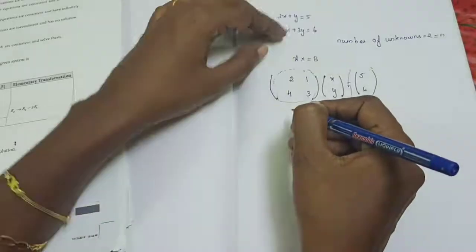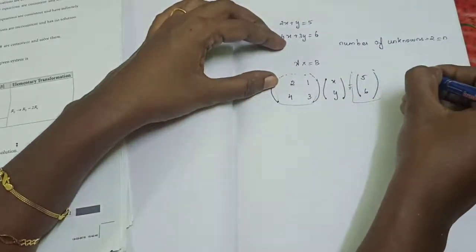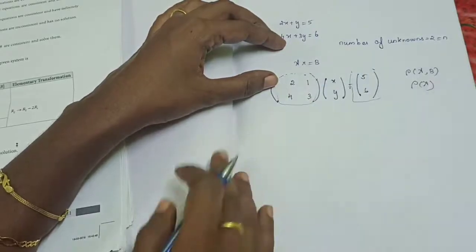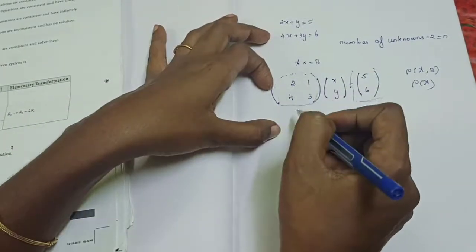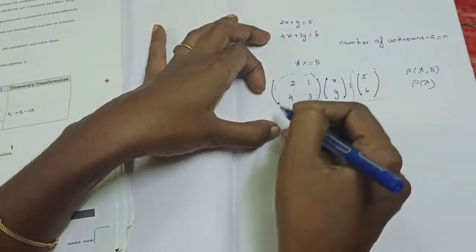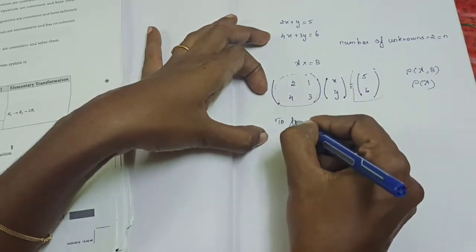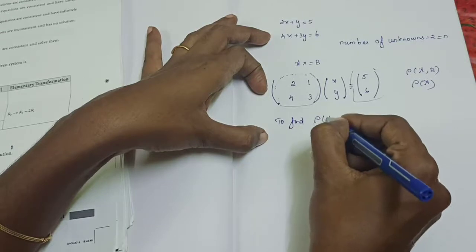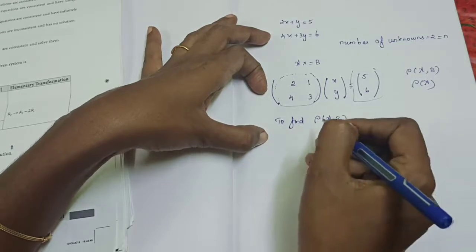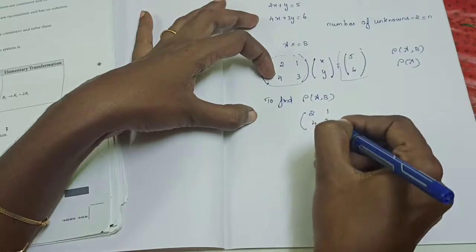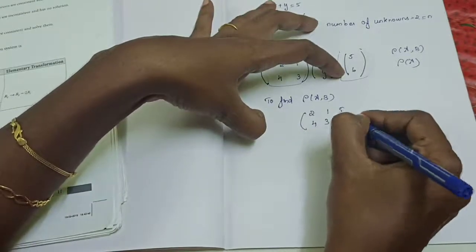So when we are finding, we need to find rho of A comma B as well as rho of A. How will we find the rank of AB? To find the rank of AB, you combine these: that is 2, 1, 4, 3, which is A, and B, which is 5 and 6.